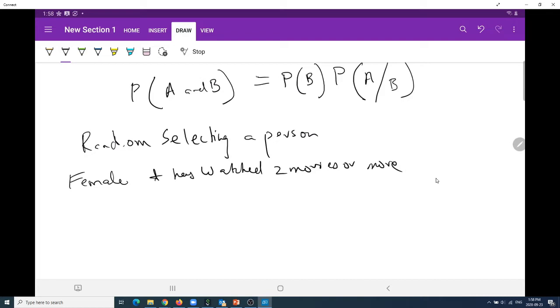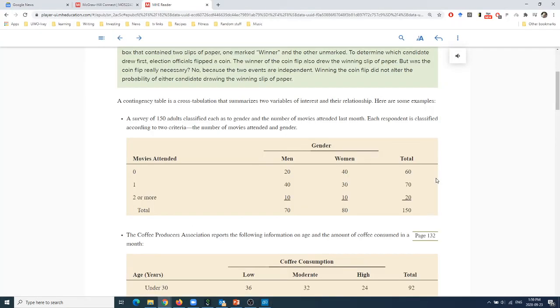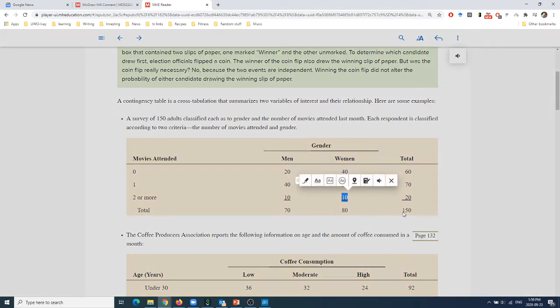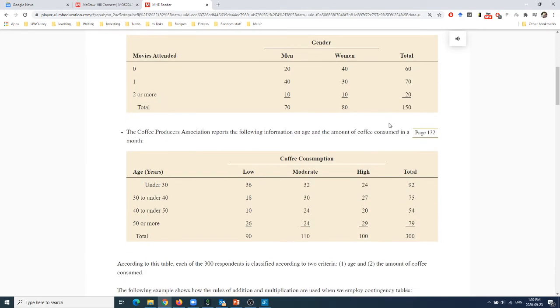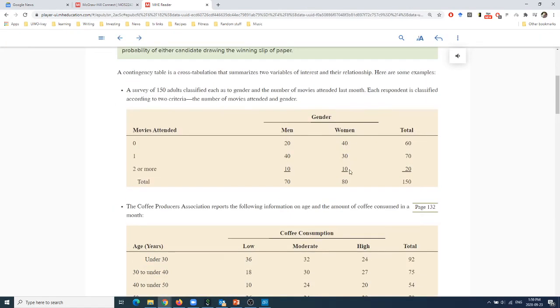This is the probability of woman plus 2 movies. Here it's given from your table. You could directly interpret this. That's 10 out of a total of 150 survey responses. So the probability is just 10 divided by 150, or 1 by 15.